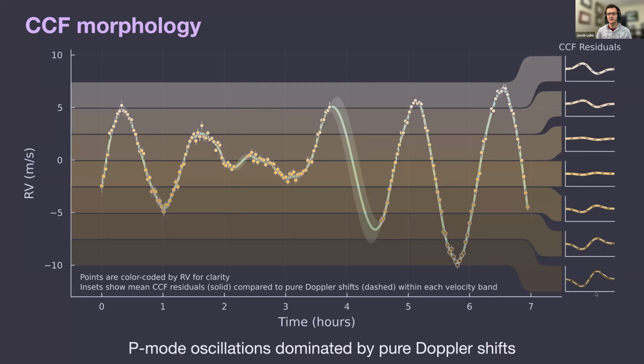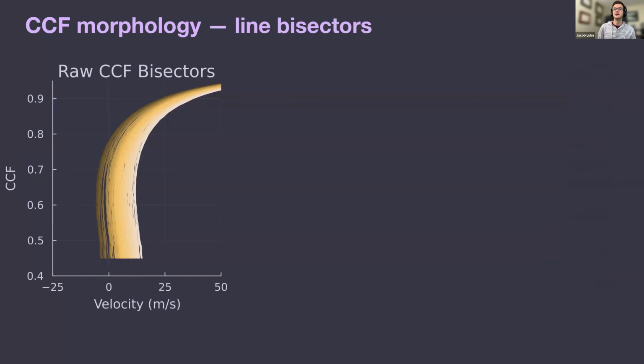Another way we can characterize CCF morphology is with line bisectors, and so we can look at those here. You can see again color-coded by radial velocity that there's a large gradient across this velocity space, perhaps indicative of a trend with RV.